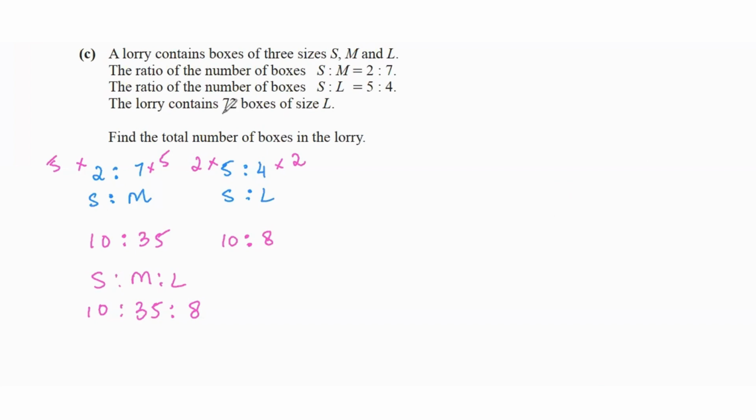Now since the large boxes are 72, we know that 8 times 9 is 72. So if we're multiplying this by 9, for medium we times by 9, and for small we also times by 9. So small are 10 times 9, which is 90.